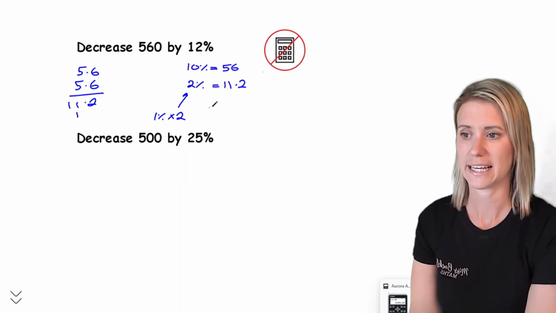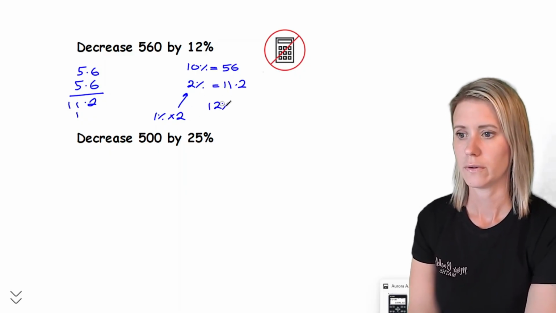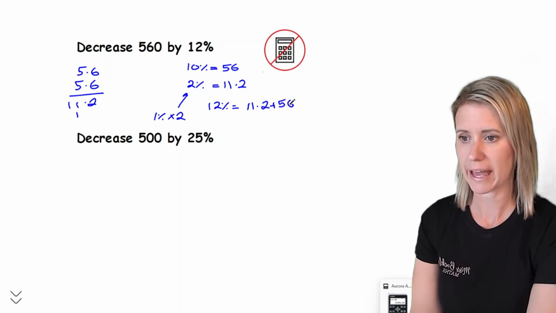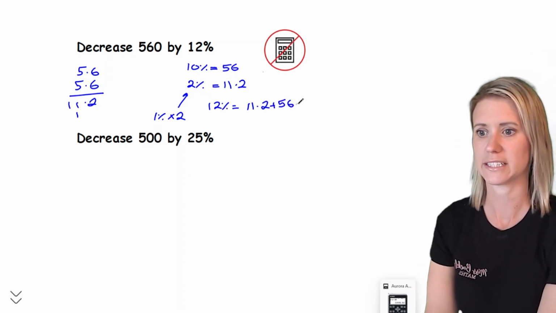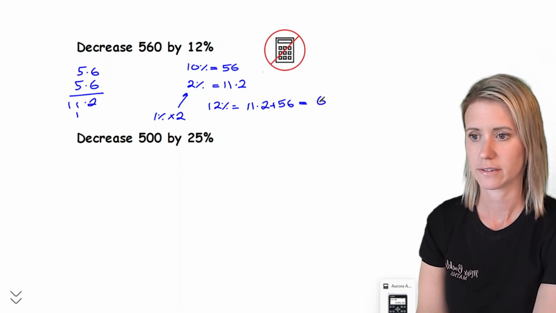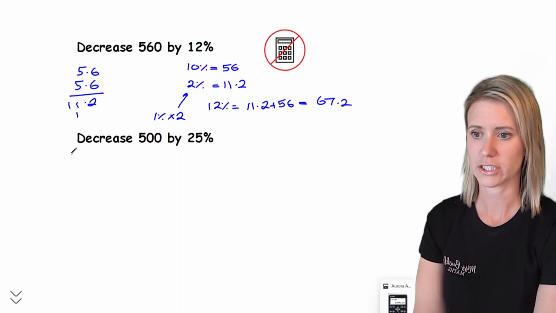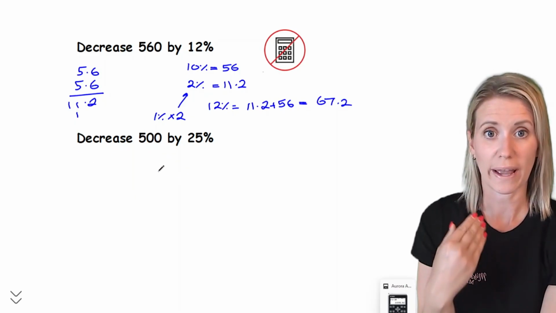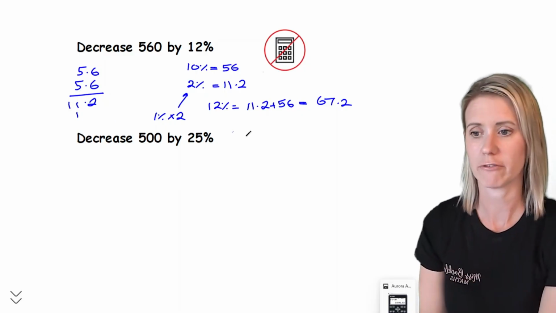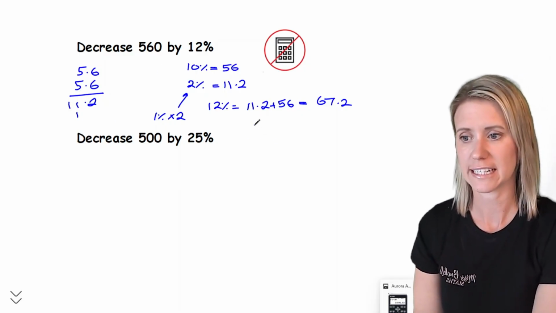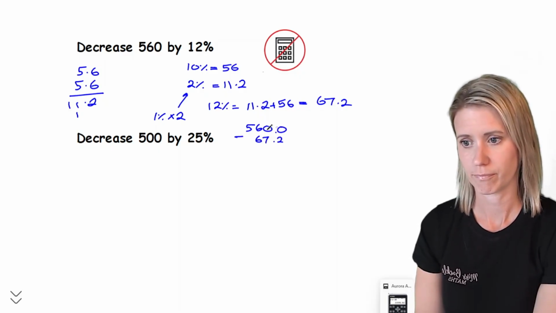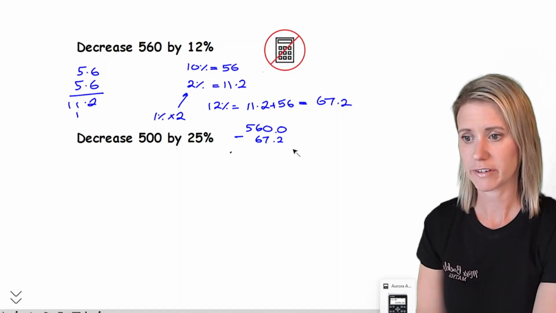So 12% is equal to 11.2 plus 56. We're adding them together to get 12% in total, 67.2. Now we're decreasing it, so we need to take it away from the original. So 560 subtract 67.2. Okay, and this will give us our answer.